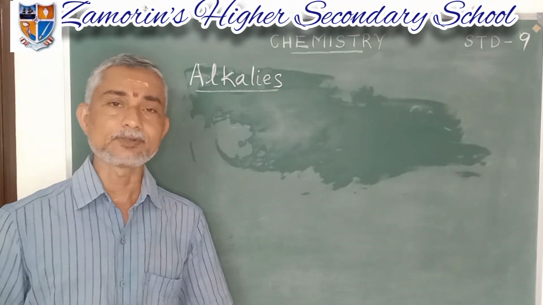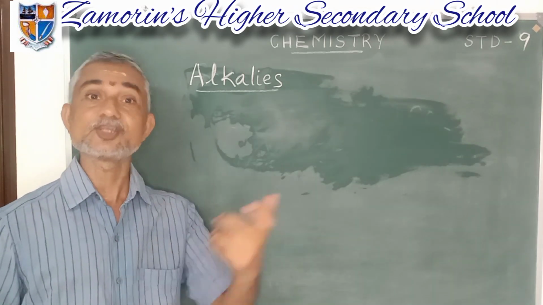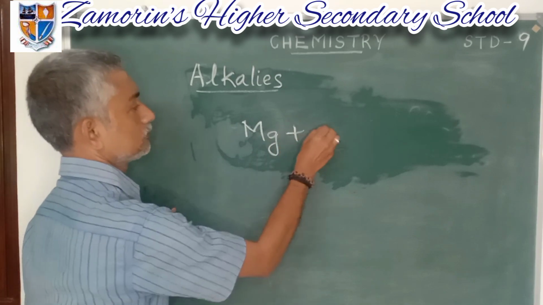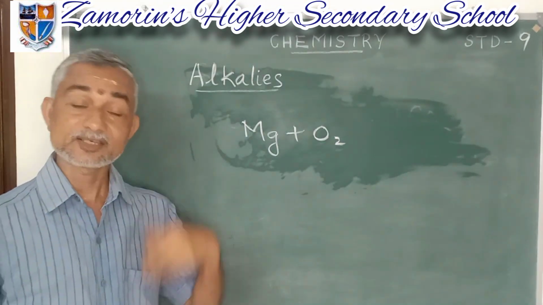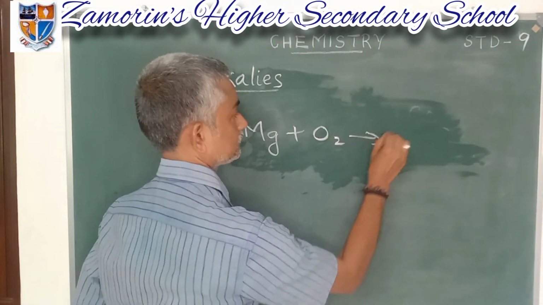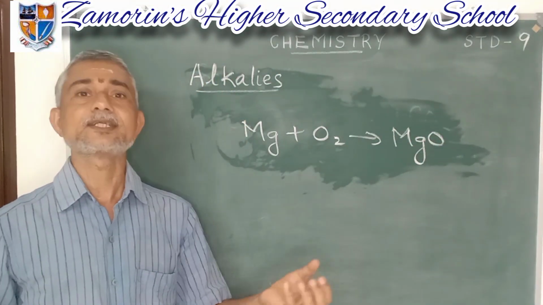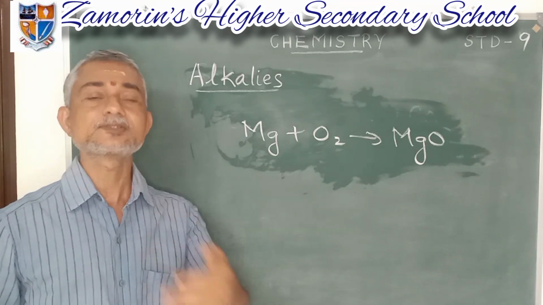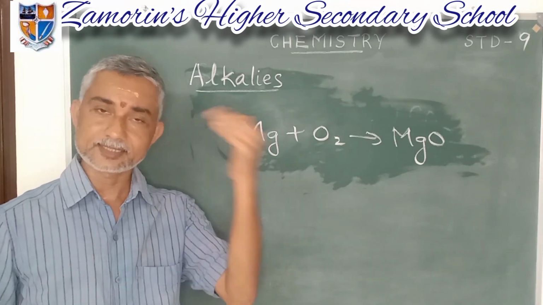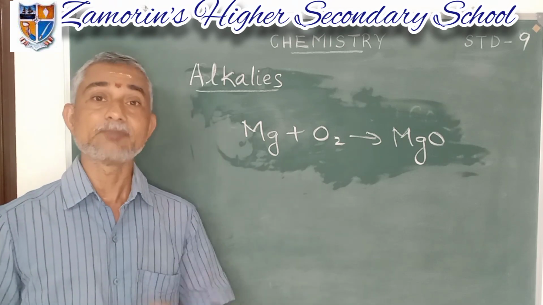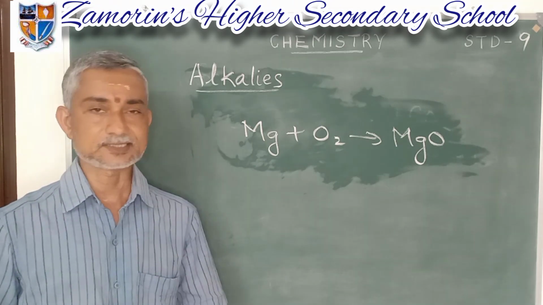Now let us see what alkalis are. Let us do an experiment with magnesium ribbon. When magnesium ribbon burns in oxygen, magnesium oxide is formed. This magnesium oxide is a white powder. When we dissolve it in water and show a red litmus paper, it turns blue, which shows the basicity of the substance.